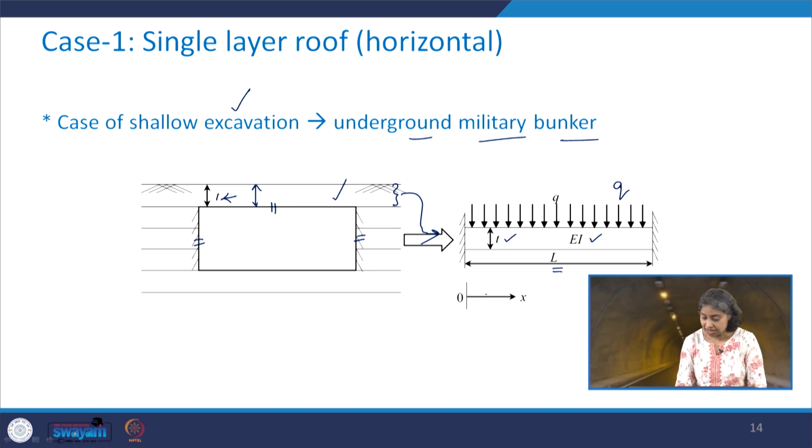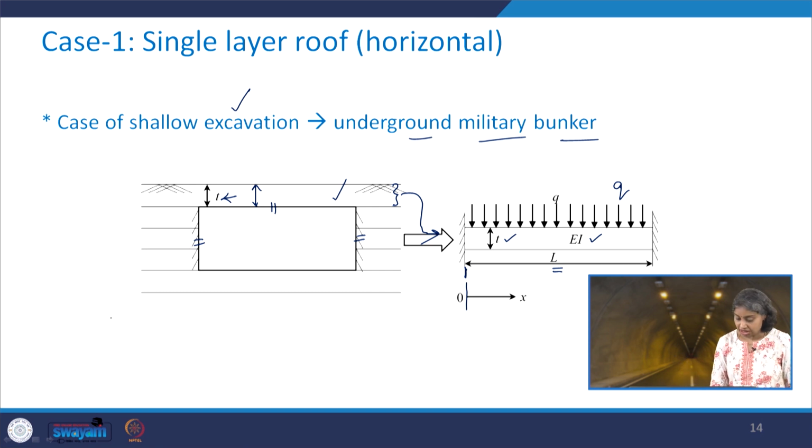Now, if you take 0 from here and you measure x from this end of the beam, you all know how to analyze the fixed end beam subjected to uniformly distributed load. So, I am not going into the details of that.